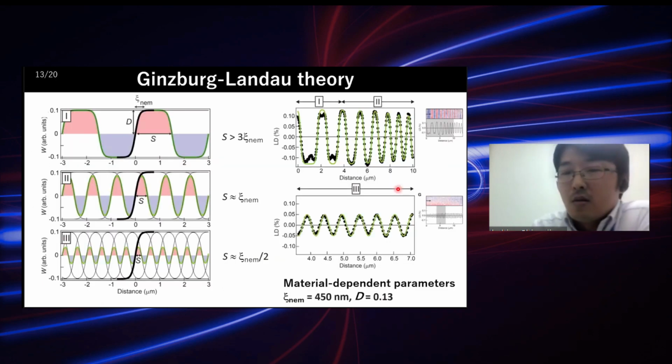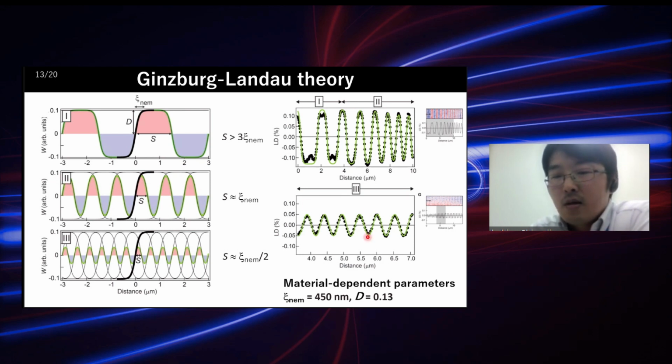So this is a fitting result. This green curve is a fitting function based on this picture, and in this region 1, we can use this picture. And here, the sinusoidal wave with large amplitude can be understood by this panel 2.